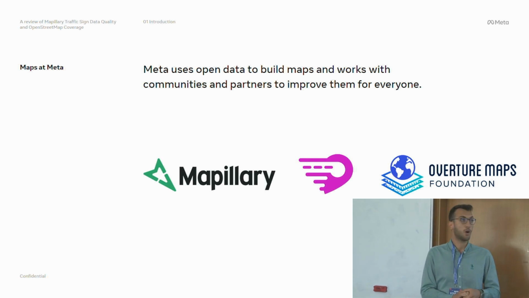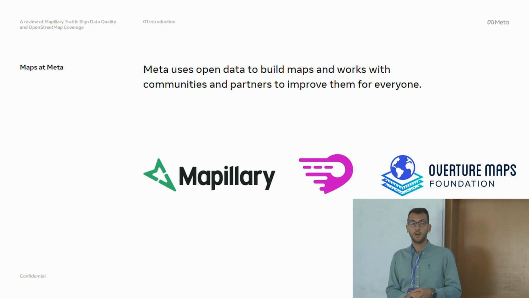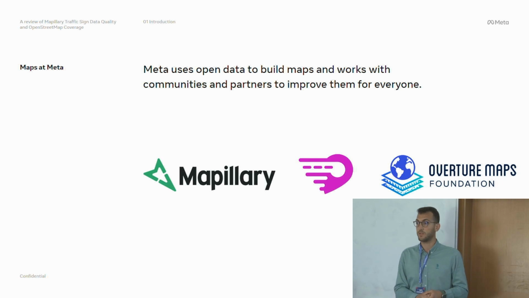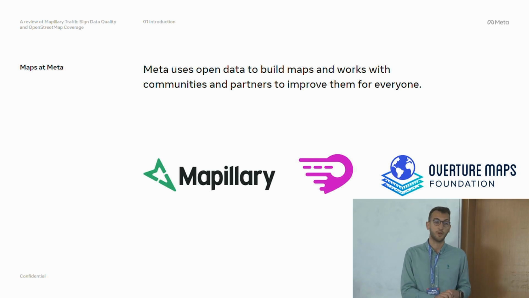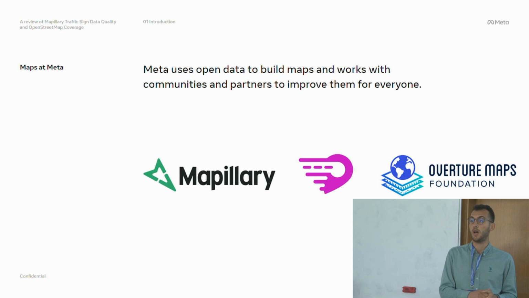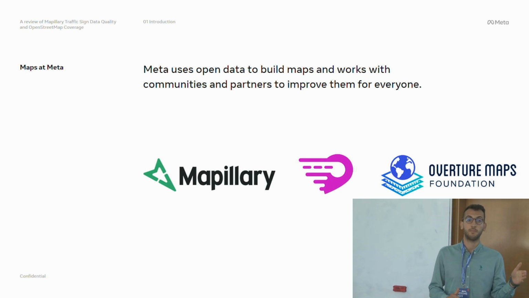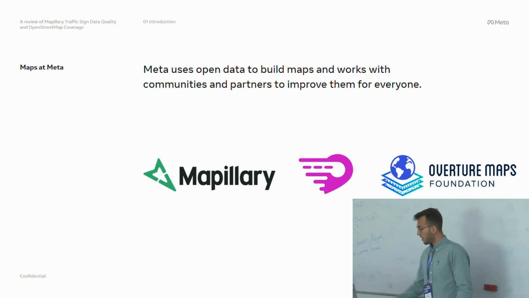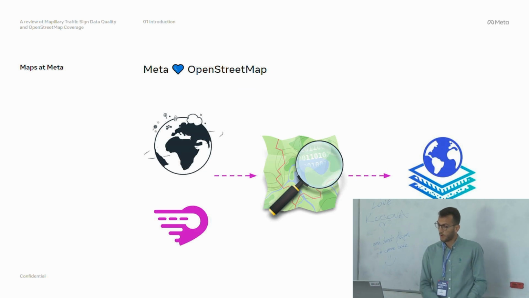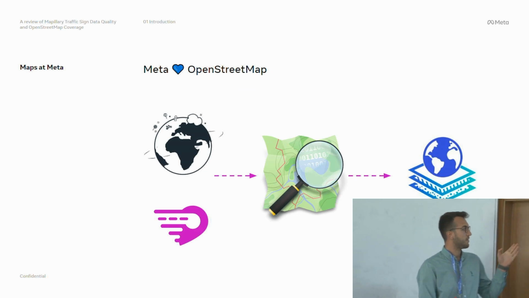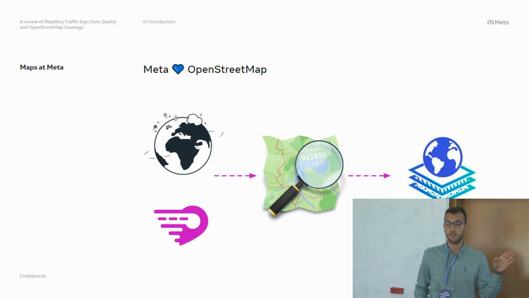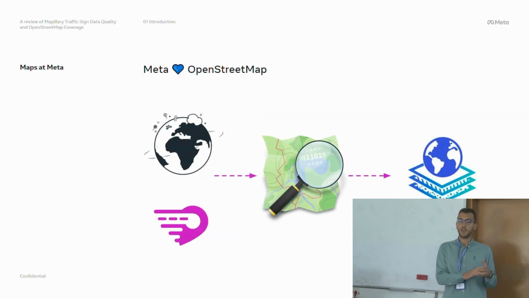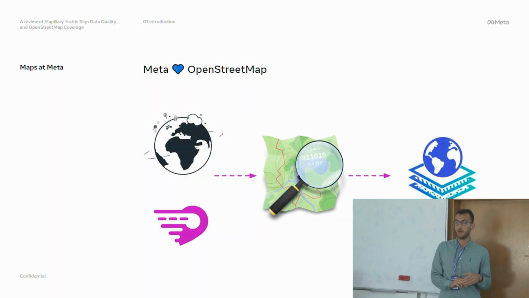We are also supporting Overture Maps. Meta is a founding member of Overture Maps, which is the curated version of OpenStreetMap, where there are other data sources alongside the OpenStreetMap data. So Meta loves OpenStreetMap. We have Mapillary, which extracts map features, and those extracted map features are available to OSM.